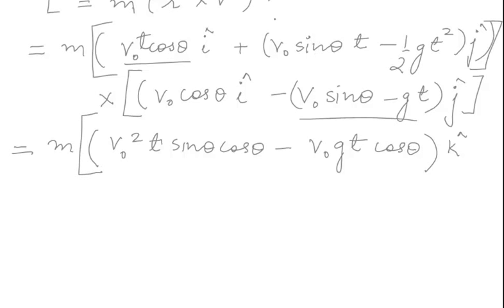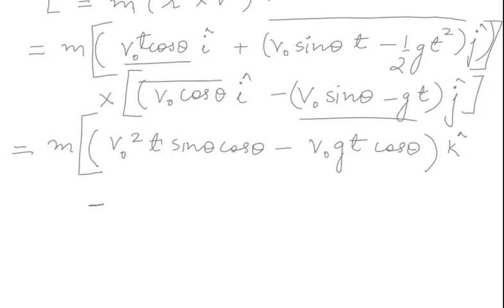Now when you do the cross product of the coefficient of j cap with the coefficient of i cap in the second expression, it is j cross i, so you will get minus k.